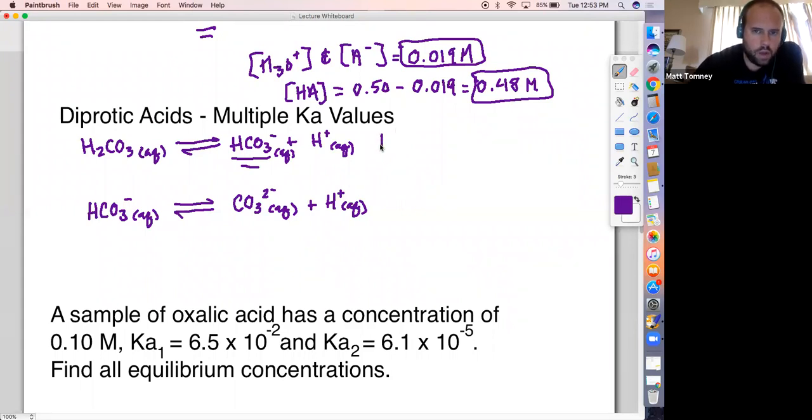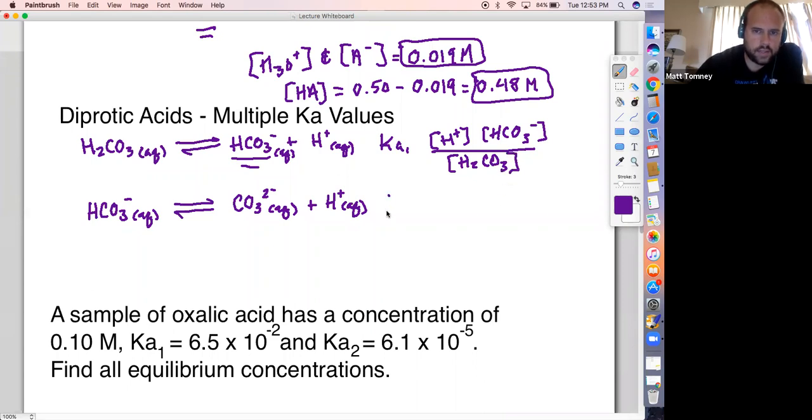So Ka1 is going to be for the first equation, and that is going to be H plus and HCO3 minus over the H2CO3, carbonic acid itself, right?